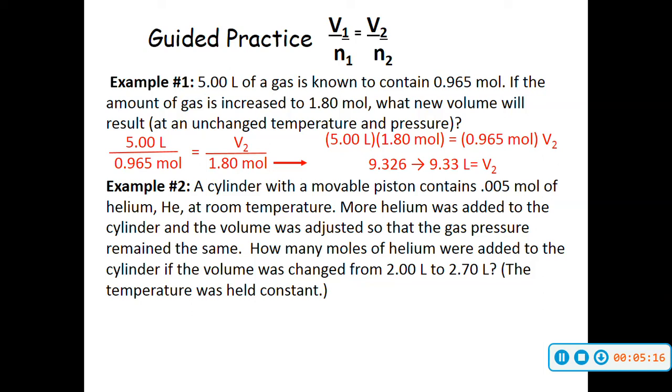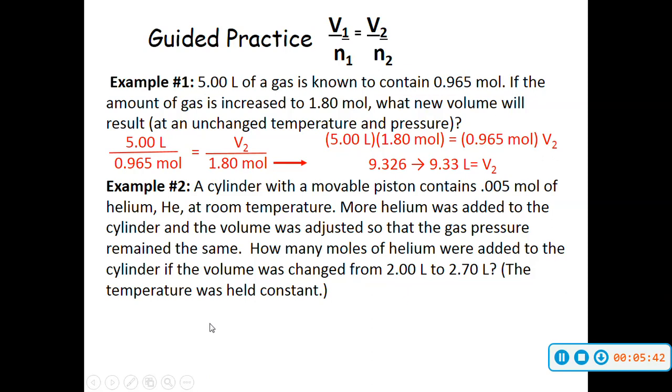How many moles of helium were added to the cylinder if the volume changed from 2 liters to 2.7 liters? We can assume that temperature is held constant. If we look at our variables, our initial number of moles is 0.005, and our volume increased from 2 to 2.7.